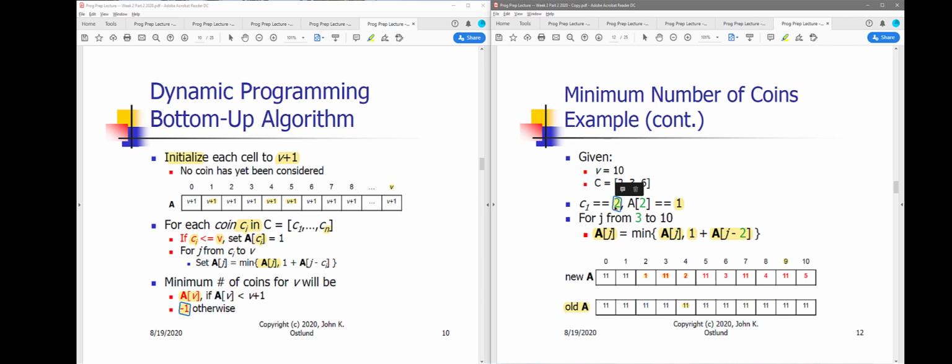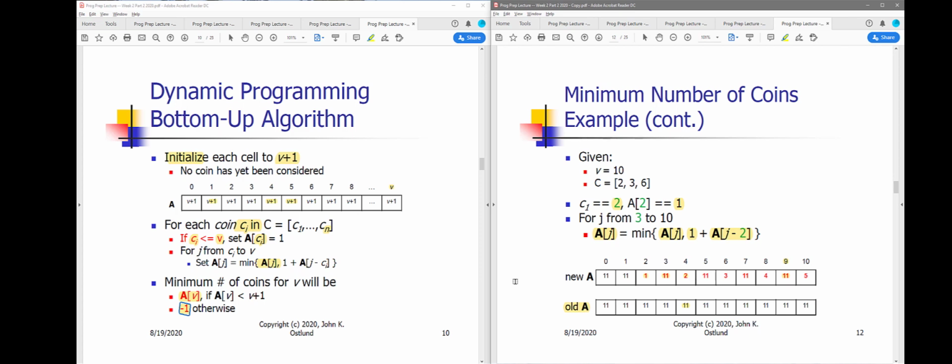We can't make change for 9 cents out of 2-cent coins. So if that's what we're asked to do, we're going to end up with an 11 in that slot for v equal to 9. We'll discover that that value is not less than 11, and so we'll return -1 in a situation like that to indicate that we cannot make change.